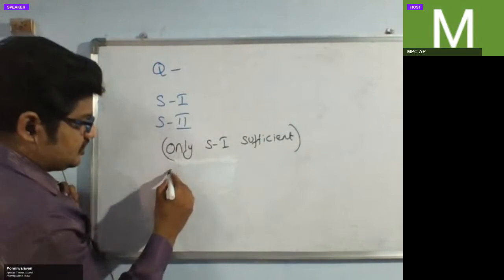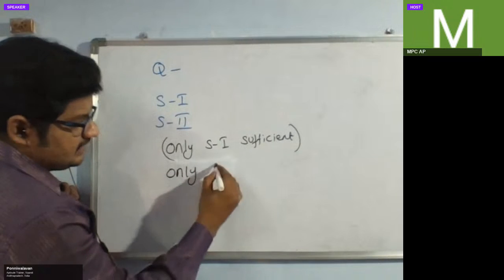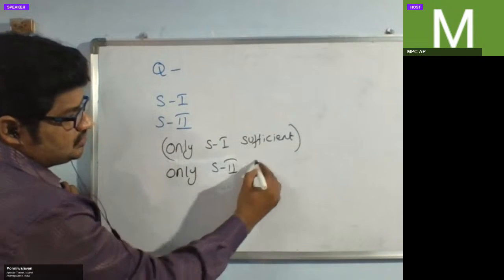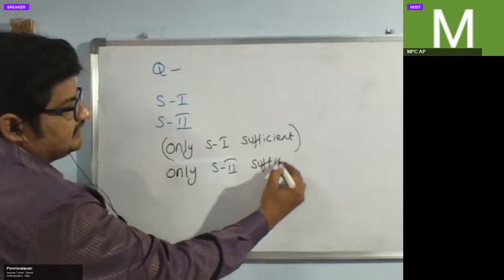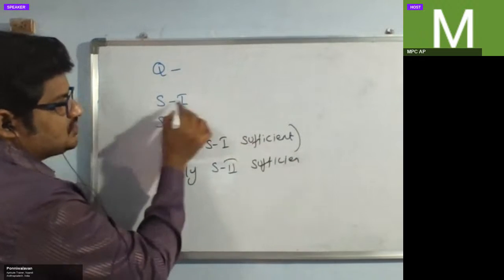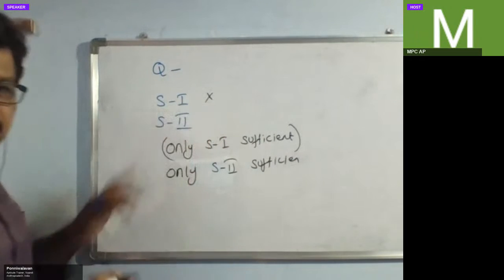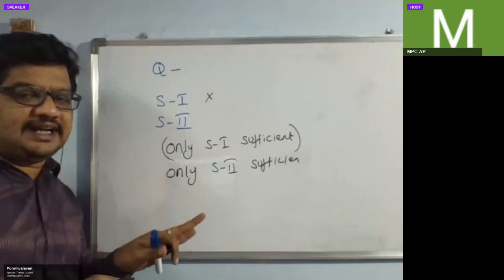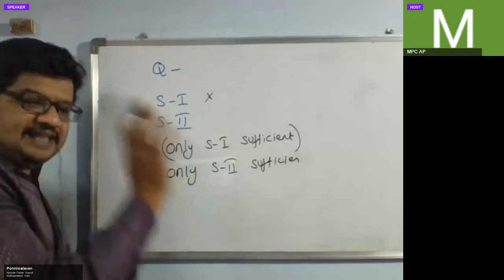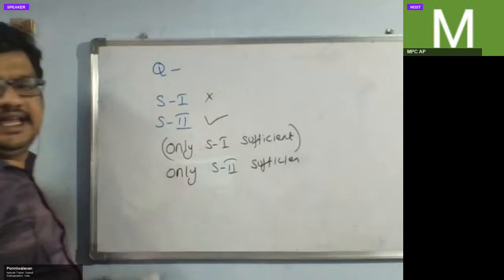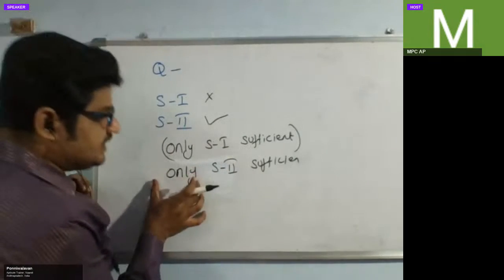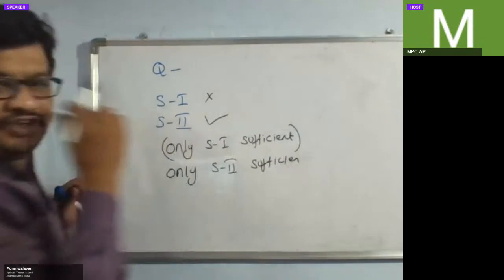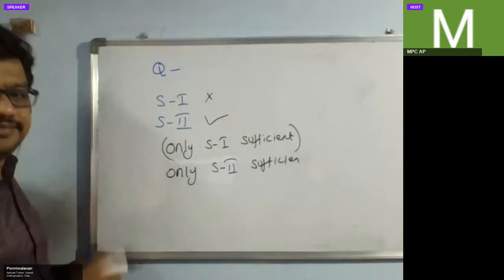Now if it is only statement 2 sufficient, that means S1 is useless. From S1 we are not able to find the answer, but S2 alone is enough to answer the question.